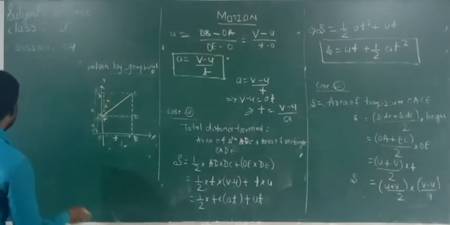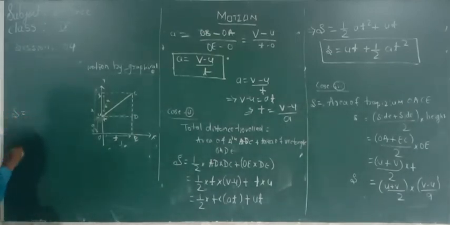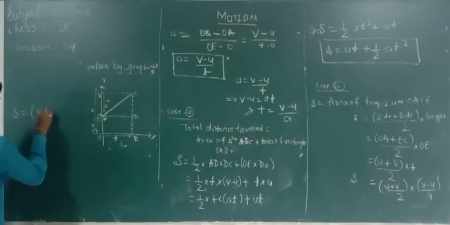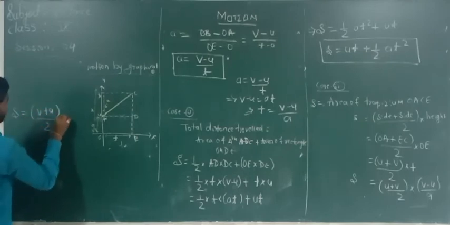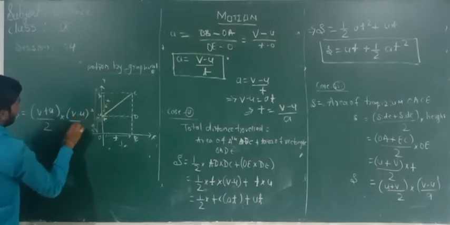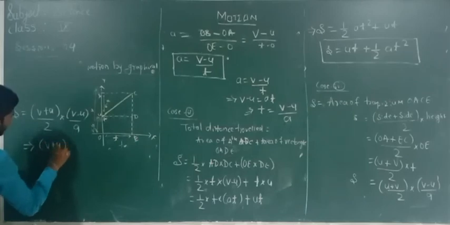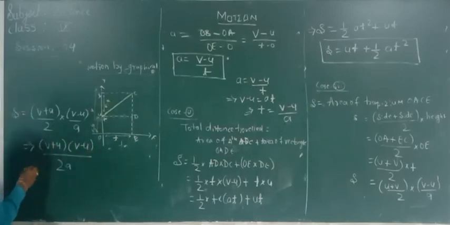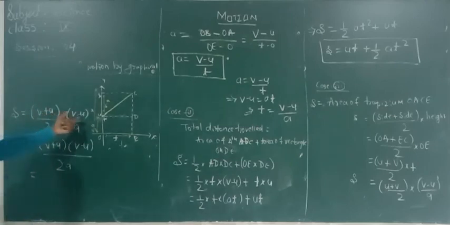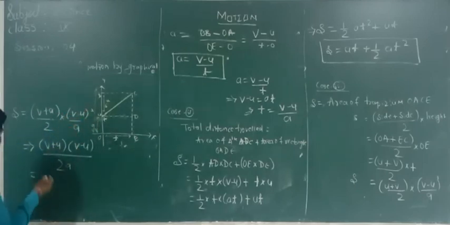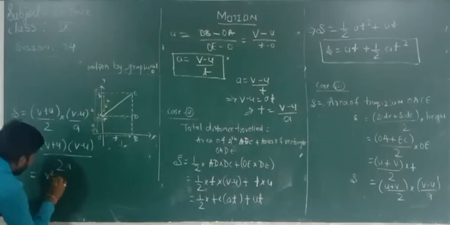So continuing, the area of the trapezium S is equal to V plus U divided by 2 into V minus U divided by A. It implies V plus U into V minus U divided by 2A, because the multiplication is in the form of A plus B into A minus B, that is nothing but A square minus B square, that is V square minus U square divided by 2A.